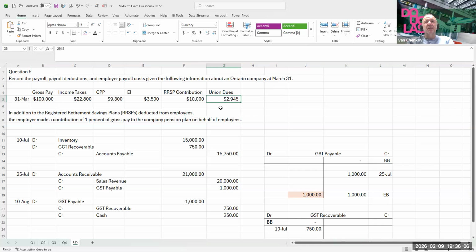In addition to the registered retirement savings plan deducted from the employee, the employer makes a contribution of 1% of the gross pay to the company pension plan on behalf of the employee.